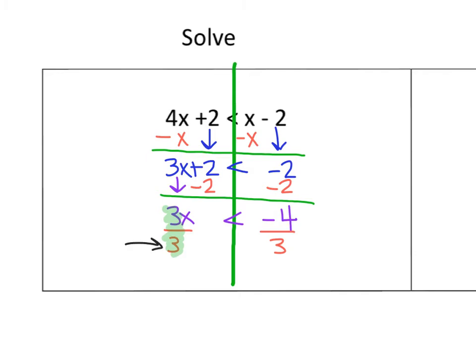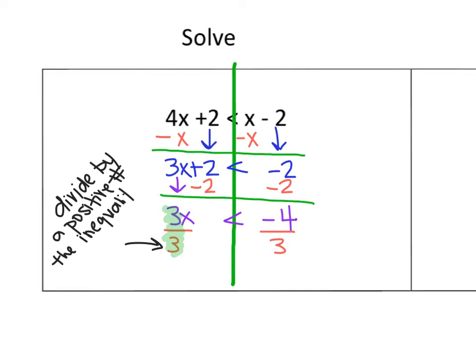So I'm going to write that in. Divide by a positive number. I'm going to use the number sign. The inequality sign stays the same. So I do not flip the sign, it stays the same.